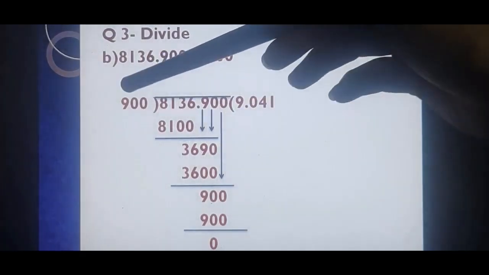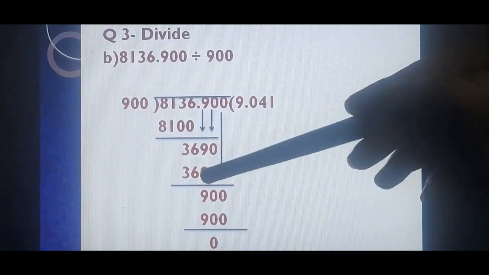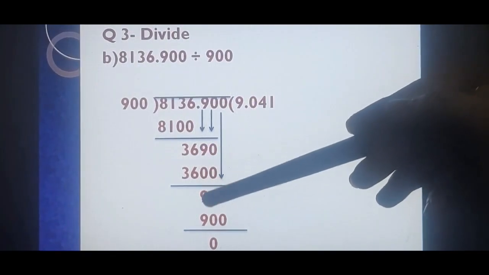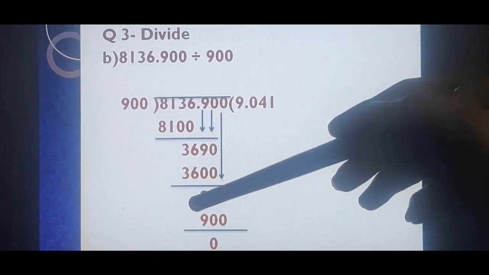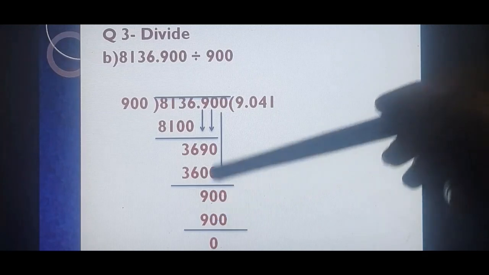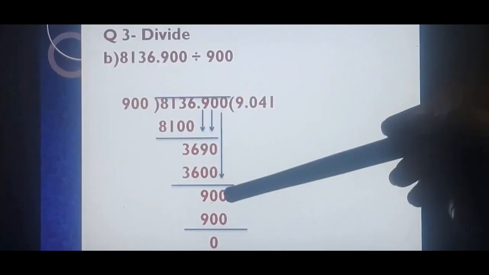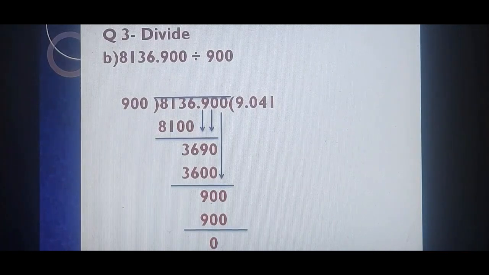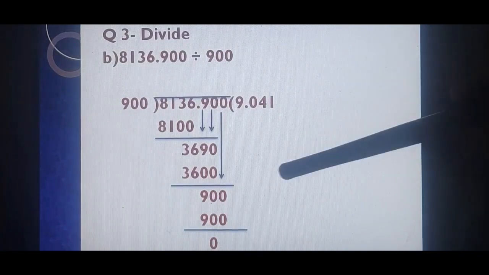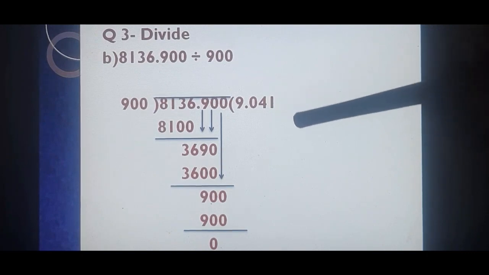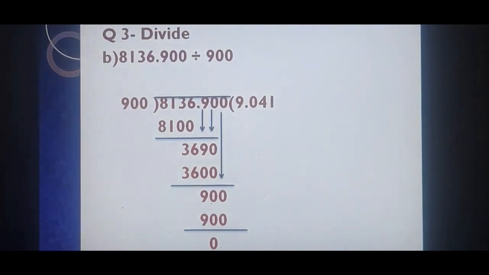Understood? So 900 fours are 3600. 0 minus 0, 0. 9 minus 0, 9. 6 minus 6, 0. 3 minus 3, 0. Now 90, take the next digit, that is 0. 900 ones are 900. Right? So our answer has become 9.041. This is our quotient.